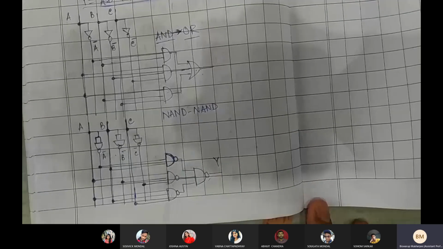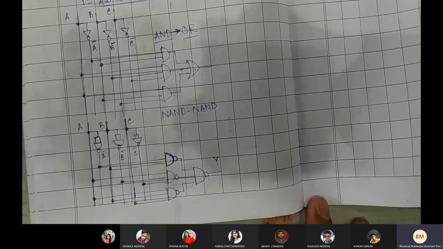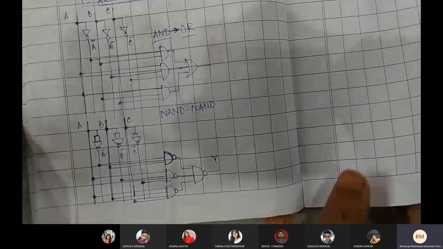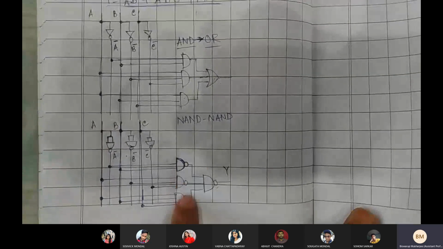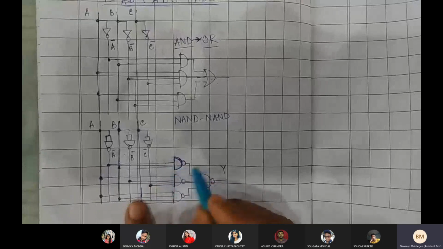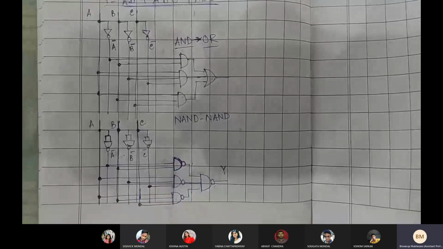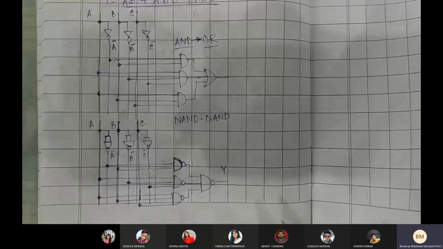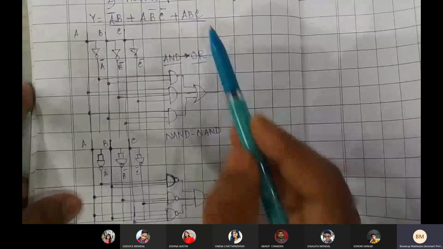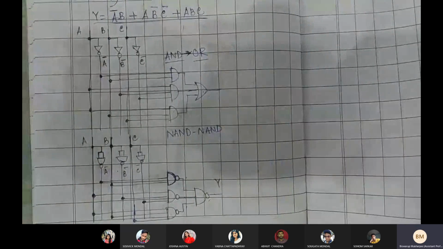You'll find out, yes, it is actually providing the same response Y. Even if you try to work out what is coming right over here and here, and then finally here, you can find out that too can be written like this.